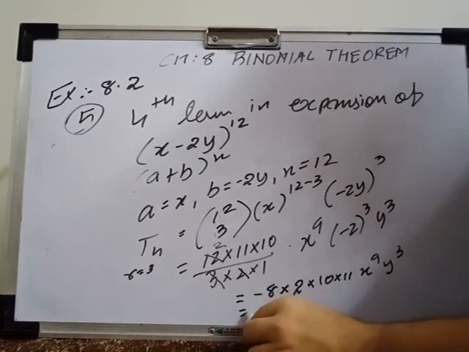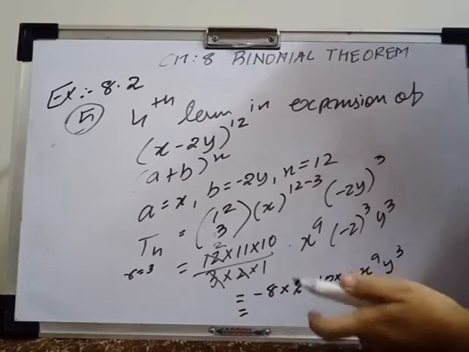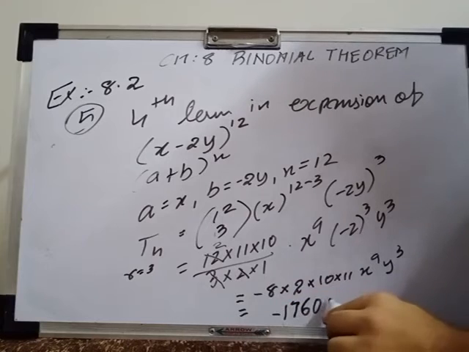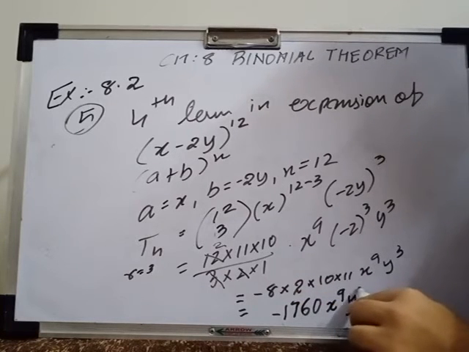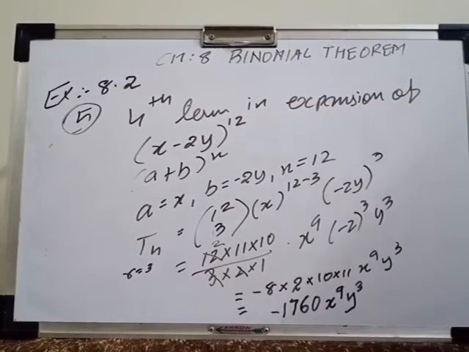So this is 16, and 16 into 11 will give me 176. This is 0, this minus. So my fourth term in the expansion of this will be minus 1760 x raised to 9, y raised to 3.